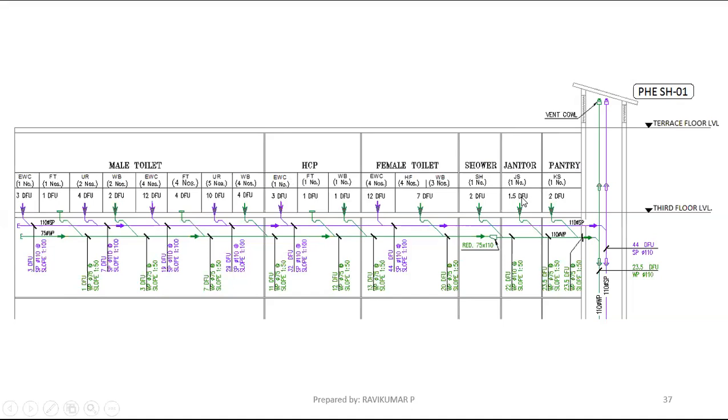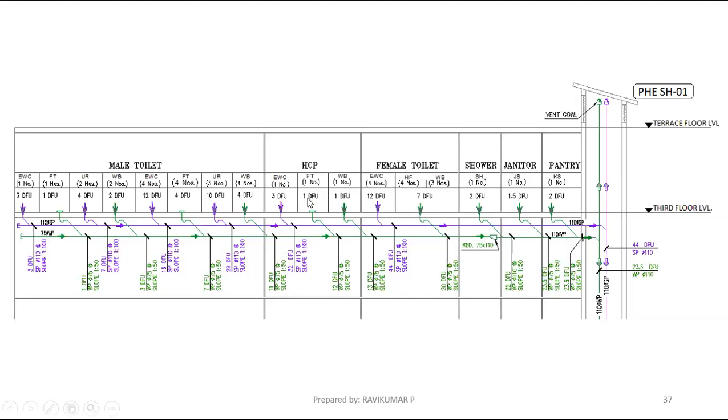This is called one group of toilet. For this group of toilet, the drain pipes are connected separately: waste pipe separated and soil pipe separated. We are using a two pipe system, a double pipe system. All the waste pipes are connecting into one header. All the soil pipes are connecting into one separate header. So like that we have arrived.